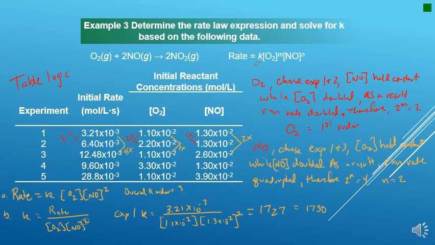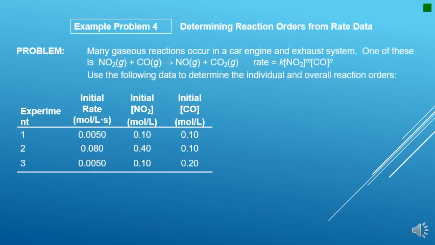Again, remember, for the unit of k, we take 1 minus the overall order, and that will be what we raise the molarity to. We had an overall order of 3, so 1 minus 3 is negative 2. So I'd have M to the minus 2, and then your time component will always be to the negative 1. So our final answer, 1730 M to the minus 2 s to the minus 1.